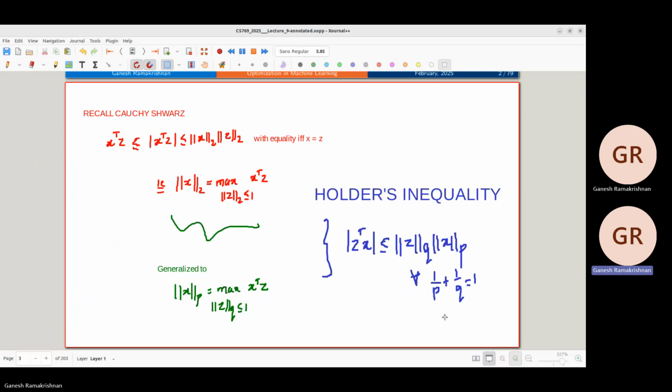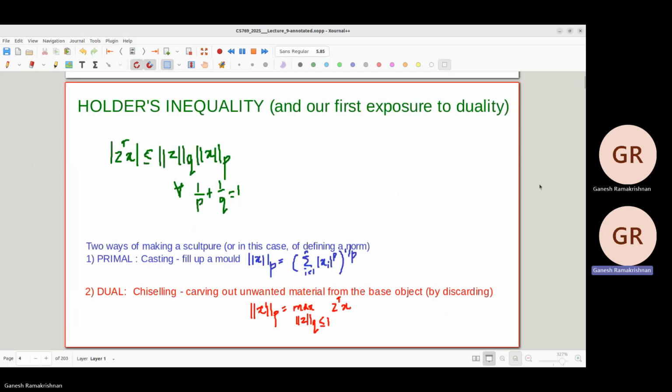One perspective of Hölder's inequality is that it is a generalization of the Cauchy-Schwarz inequality, which was basically defining the p norm of x as the max, or actually the supremum, over z with q norm upper bounded by 1 of z transpose x, with the understanding that p and q, their reciprocals, sum to 1. Recap all this.